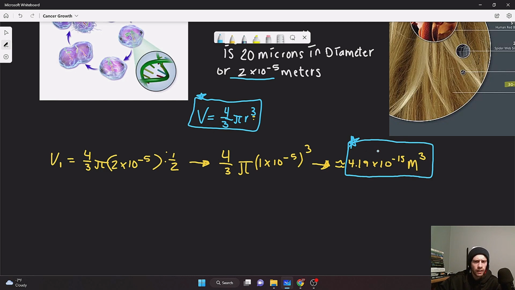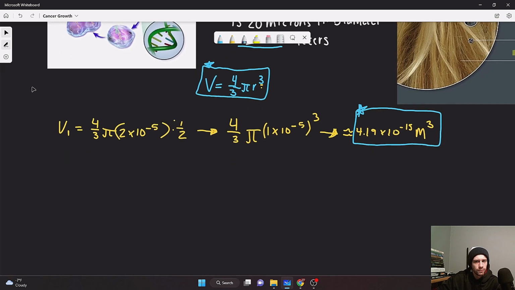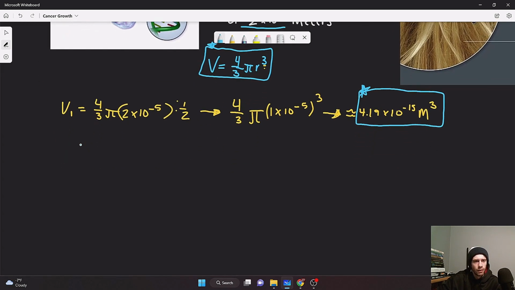And so first we have to make an assumption. So that assumption one will be that the cancer cell divides / doubles once every day.